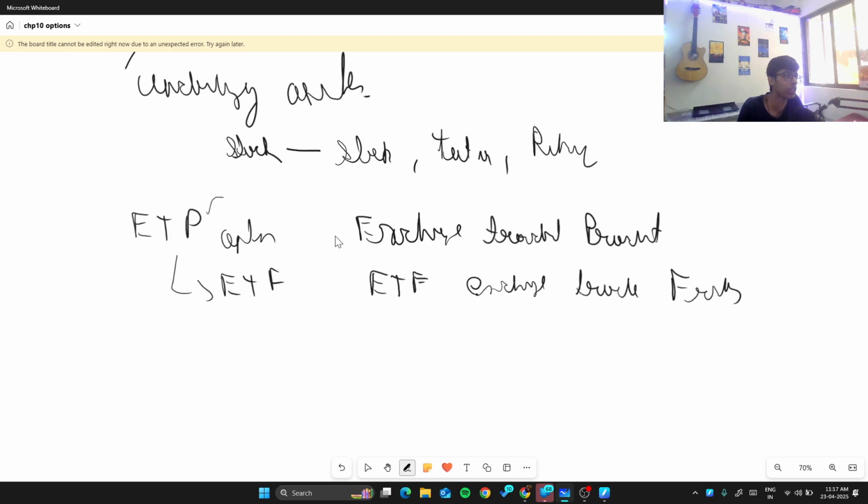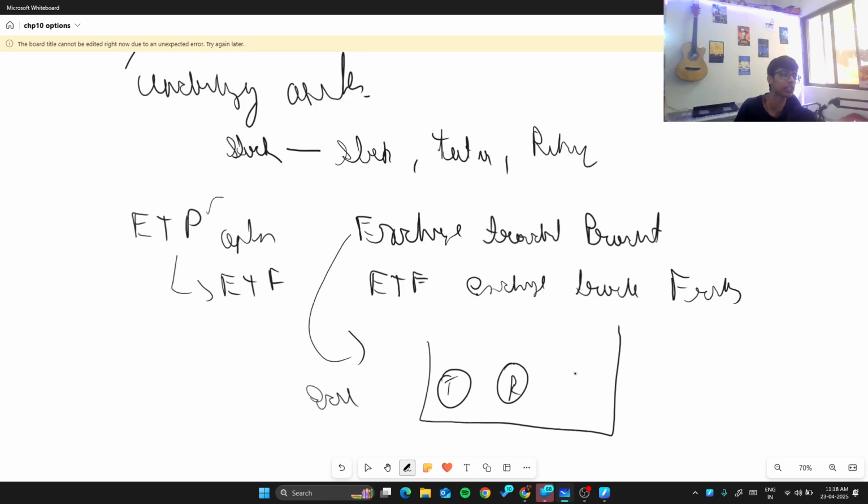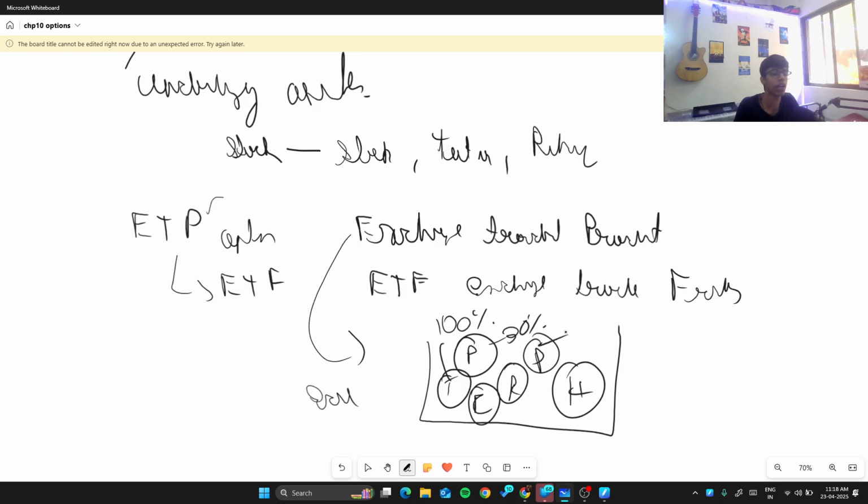You can think of it like a basket made by the exchange, where there are stocks of Tata, Reliance, defense stocks, consumer product stocks, and the percentages or weights are different, 100%, 30%, or anything.